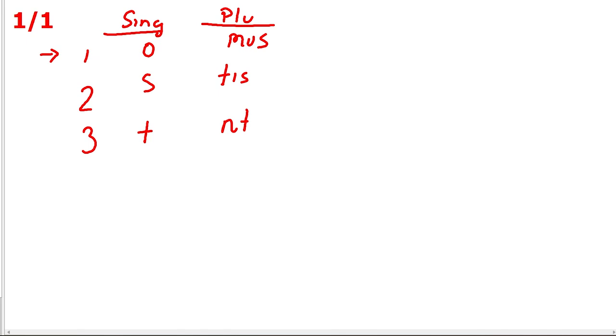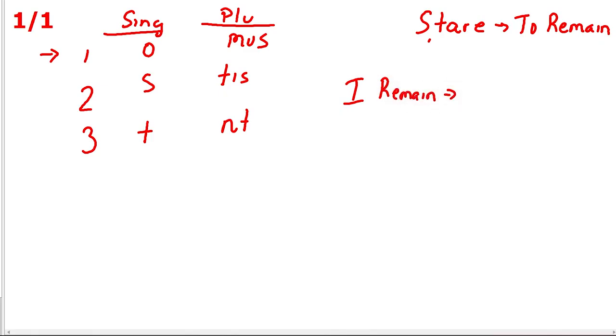Now I shall show you how we substitute this in the verb form. Let's take the word stare, which means to remain. If I want to say I remain, we know it is supposed to end with O, the first person singular.